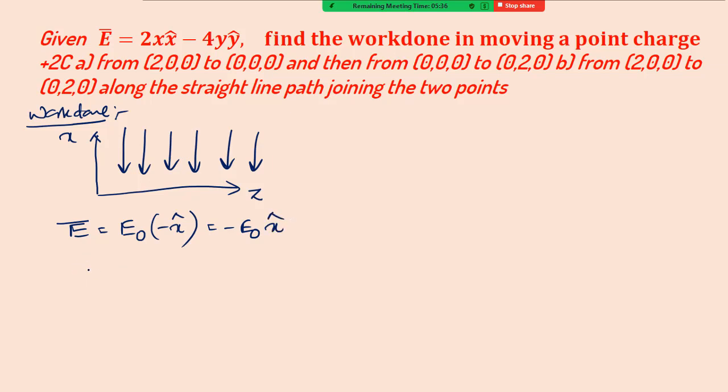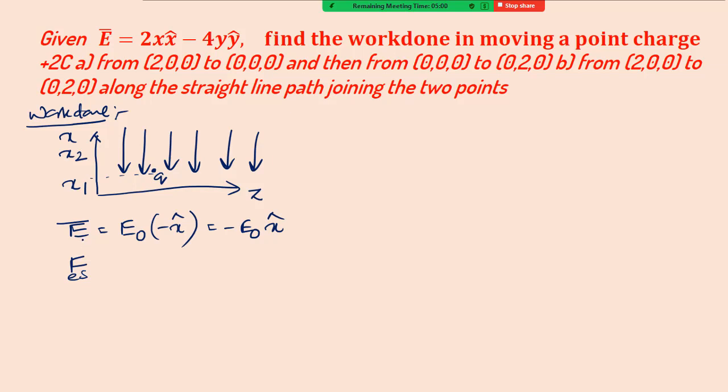Then this is E bar equals minus E naught into x cap. Now if you have one charge here at the level of x1, we have to move the charge up to x2. This is the work we have to do. Okay, so first you assume that this electric field is there in the negative x direction, given by minus E naught into x cap, and charge q is available at the height x1. So on the charge q, a certain force will be there due to this electrostatic field.